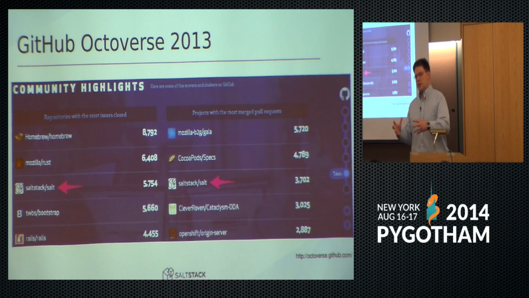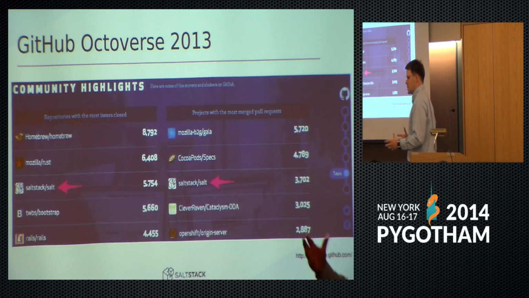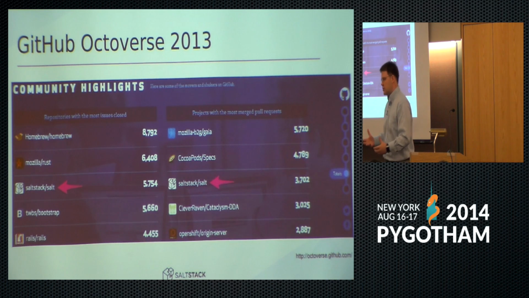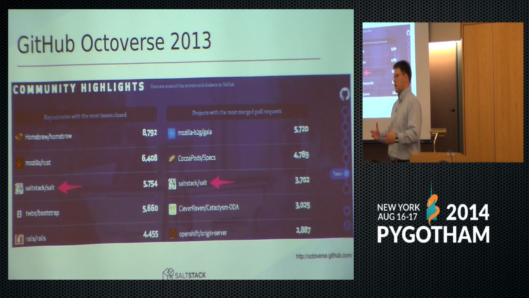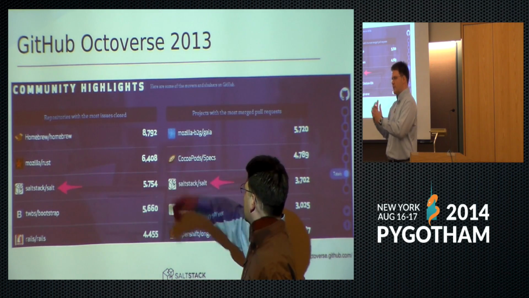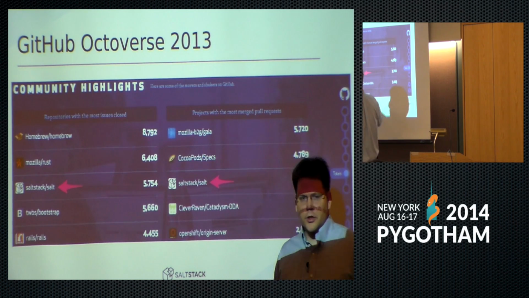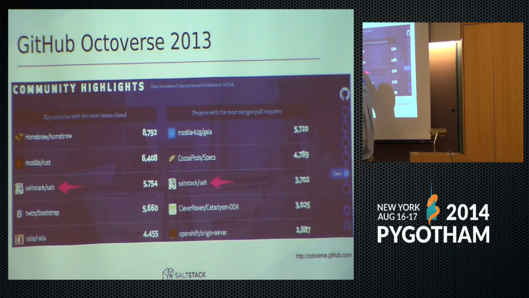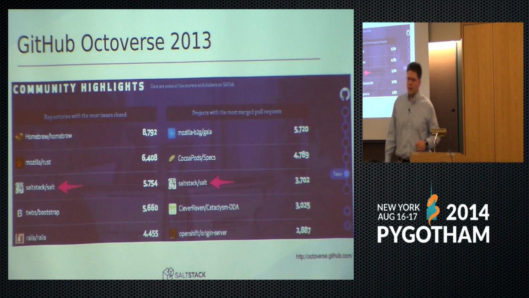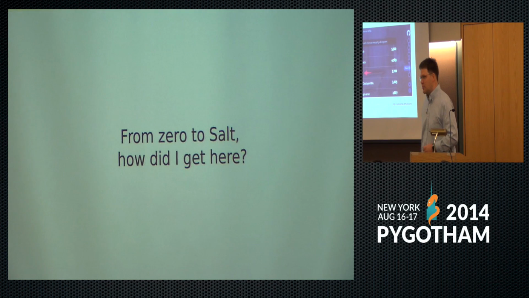So as you can see, it's not just a question of we've got tons and tons of code that's going through the process, but there's a lot of people management that's going on. Because at this point we're merging more pull requests than almost everybody in the world, and on issues closed, we're going up against Homebrew, where they make an issue by updating a package. It's part of their workflow.